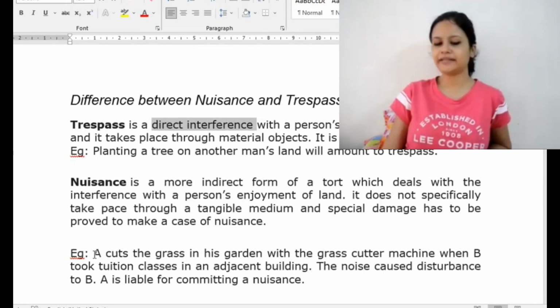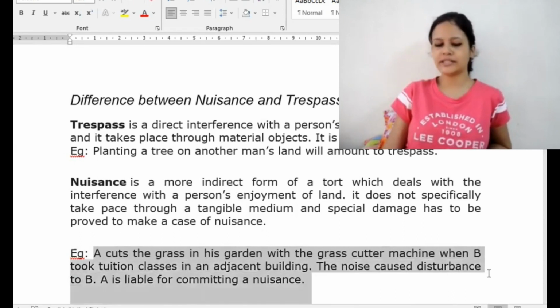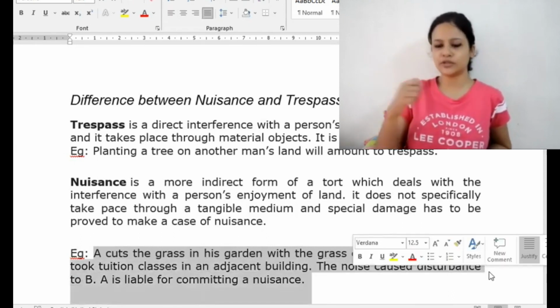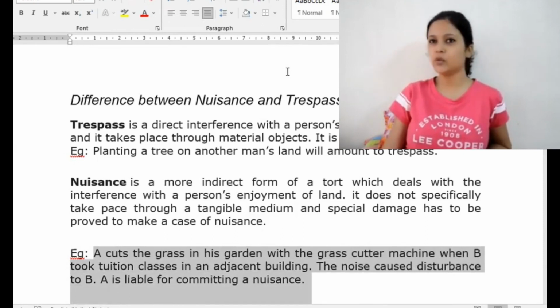Okay, take for example, A cuts the grass in his garden with a grass cutter machine when B takes tuition classes in the adjacent building. B was taking classes and A was cutting grass with a grass cutter machine. The noise caused disturbance to B, who was taking classes in the adjacent building.